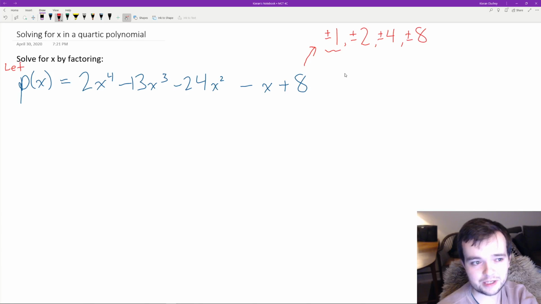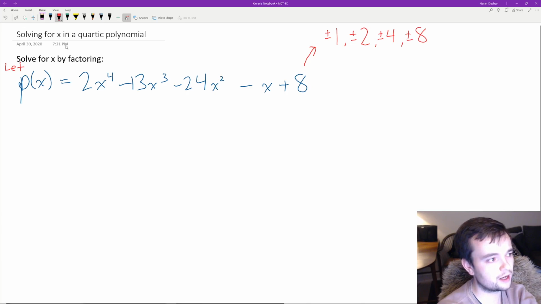That can sometimes be speedy, but it could be that one of my factors is plus 8 or minus 8, and that wouldn't be good. So you might want to start from the other end, but largely it doesn't matter as long as you get through your list. As soon as you're able to find an x value, you want to stop. You do not need to go any further. Stop with that and start your polynomial long division.